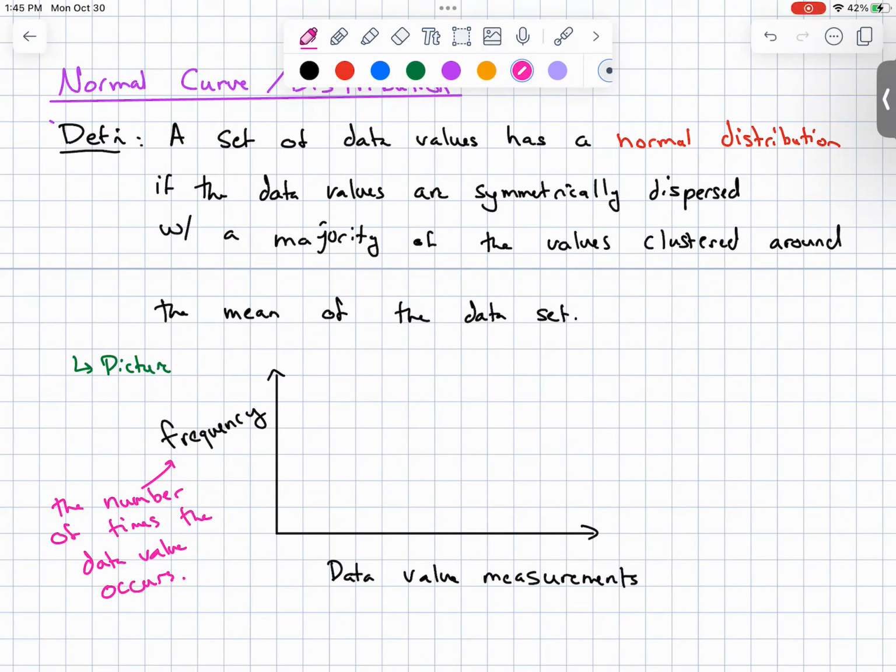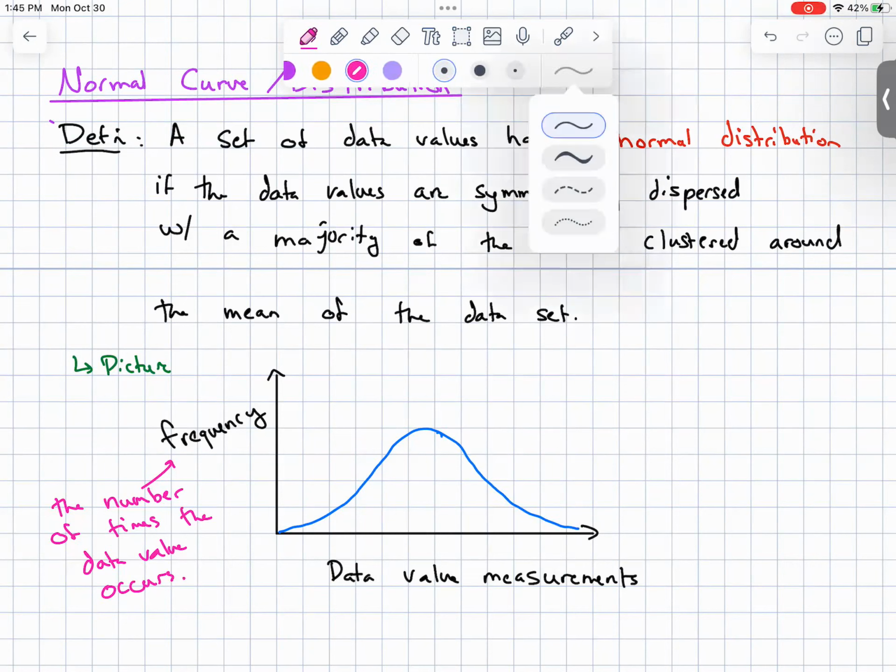And so a normal distribution should look something like this. Right in the middle, at the highest peak, let me use a different color, is the mean.